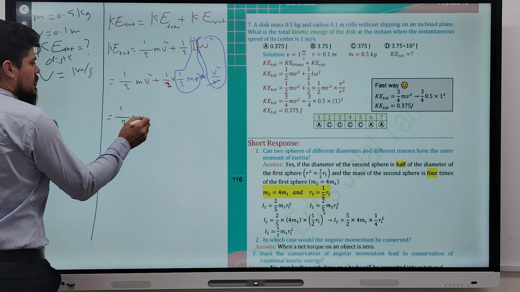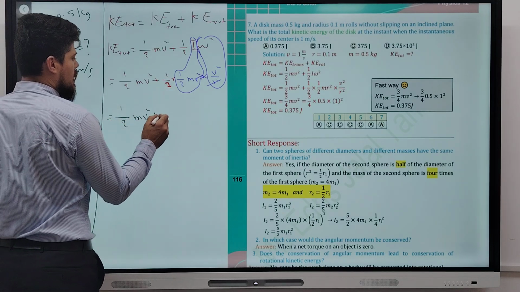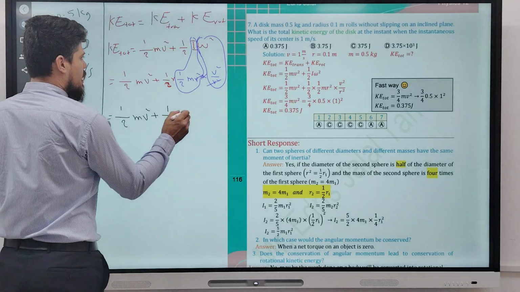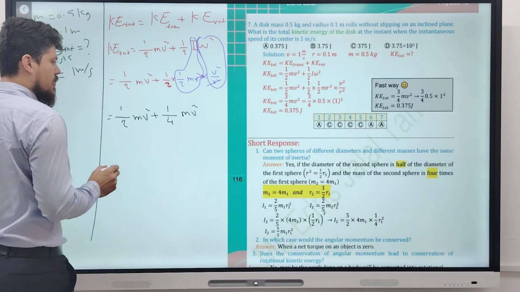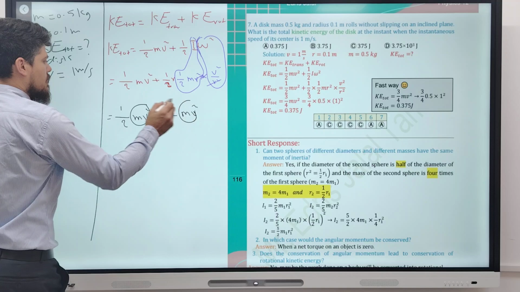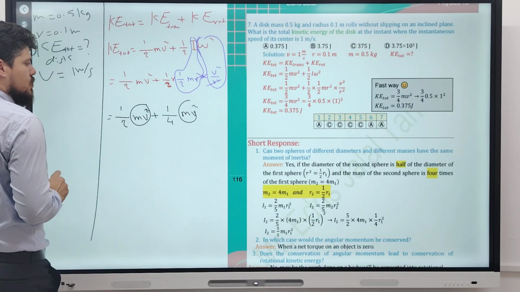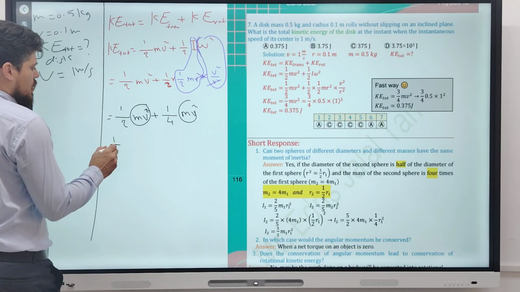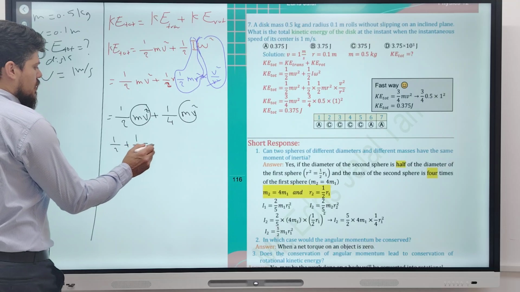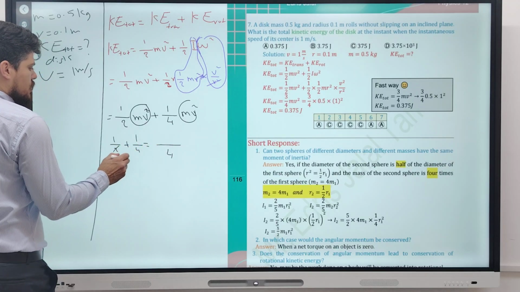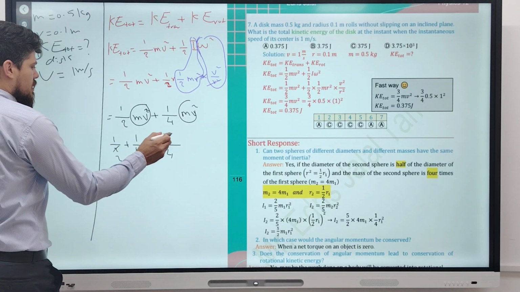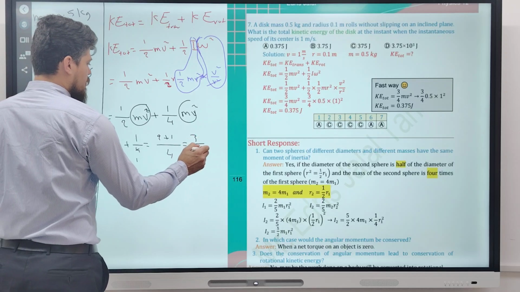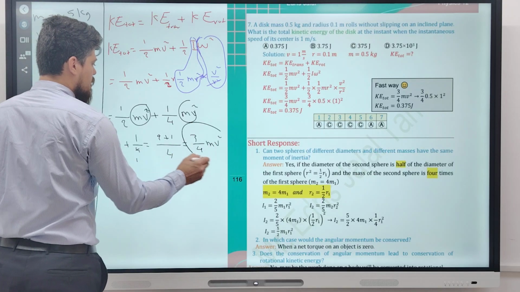1 over 2 mv squared plus 1 over 2 times 1 over 2, 1 over 4 mv squared. Because they have the same term, according to basic math, we have to add these two terms. 1 over 2 plus 1 over 4, lowest common factor 4, 2 plus 1, 3 over 4 mv squared.